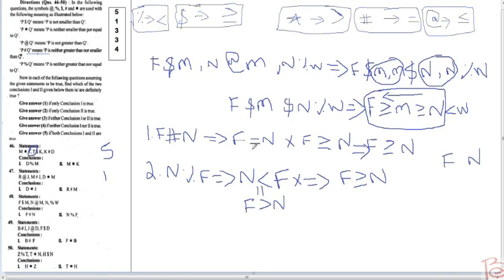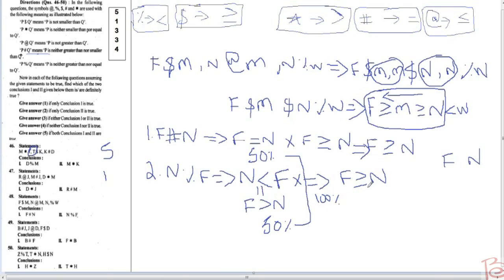Suppose I consider it as 50% and this one as another 50%. So 50% of the answer is right in the first conclusion, and in the second conclusion 50% of the answer is right. So what I'm going to do is add both these things, so that makes 100%.